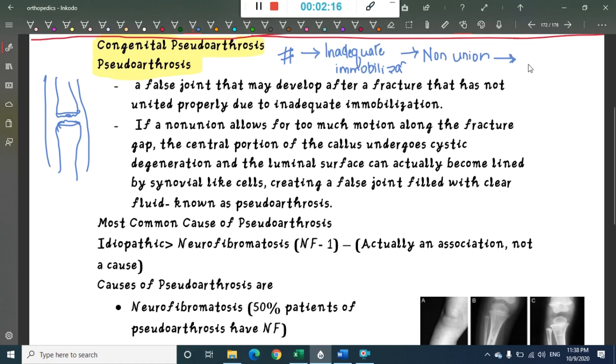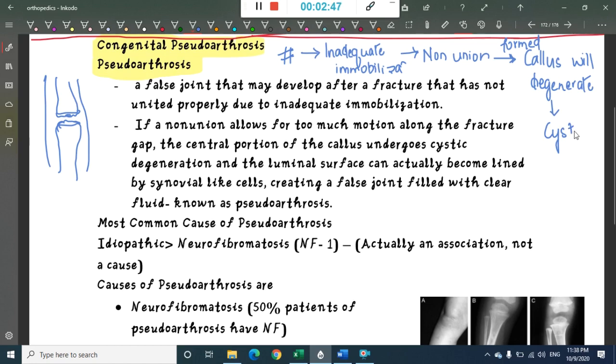So because of this non-union, the formed callus will degenerate, especially the central part of the callus. Once it is degenerated, this leads to the formation of a cystic lesion.